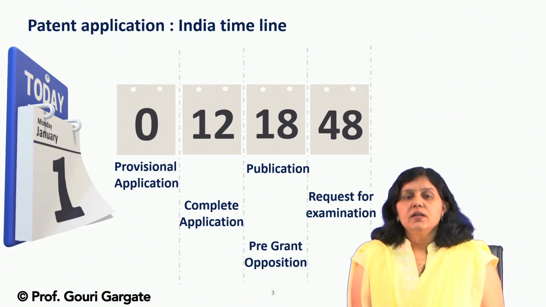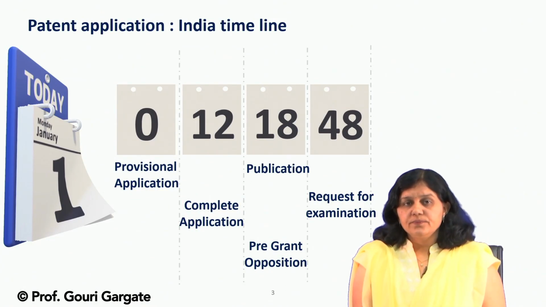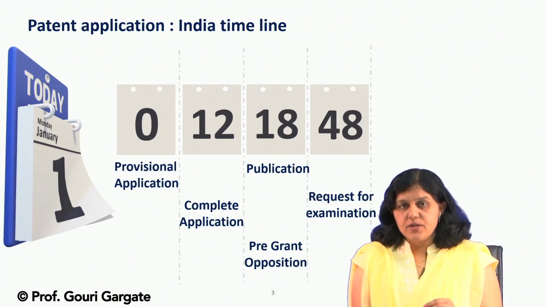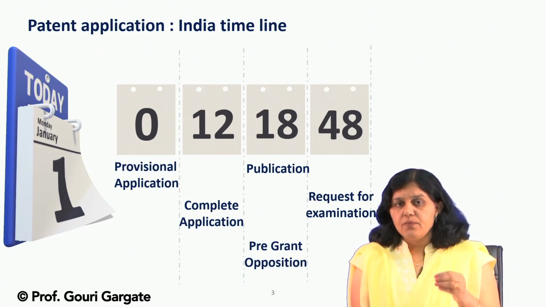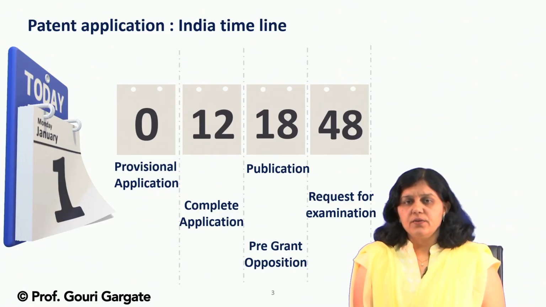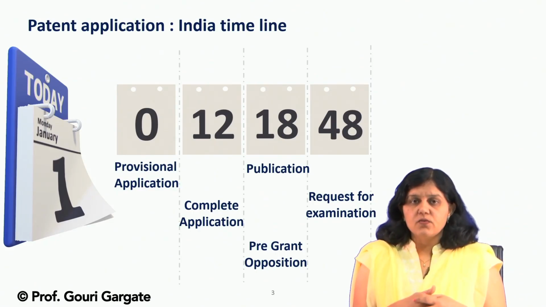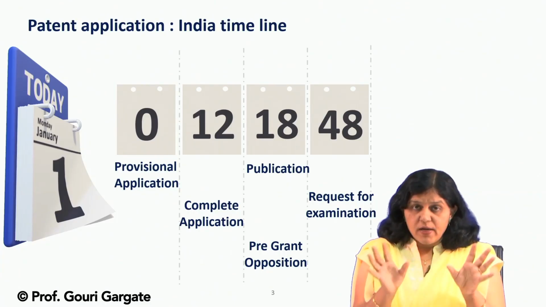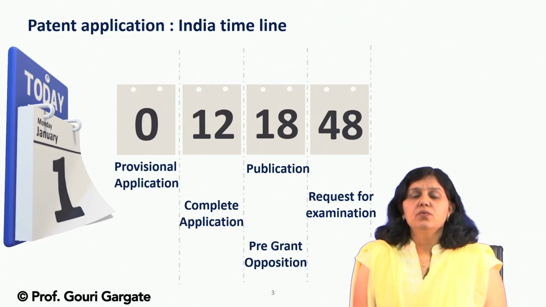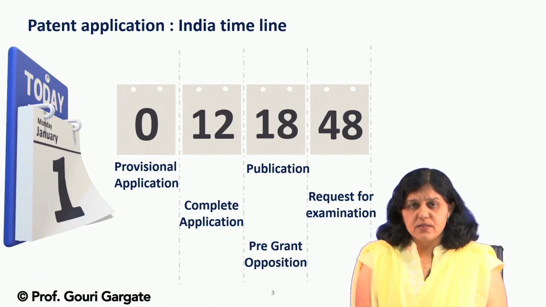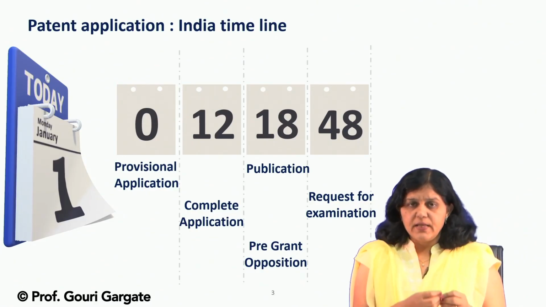Okay. Now, this request for examination can be filed at the time of the complete specification filing itself. Due to some reasons you may forget to file the request for examination. To avoid that scenario, what you can do is, when you are filing the complete specification, you just file the request for examination at that time only.